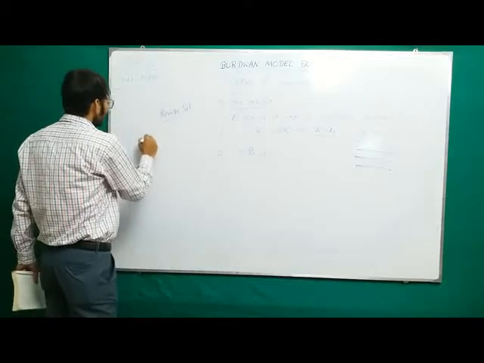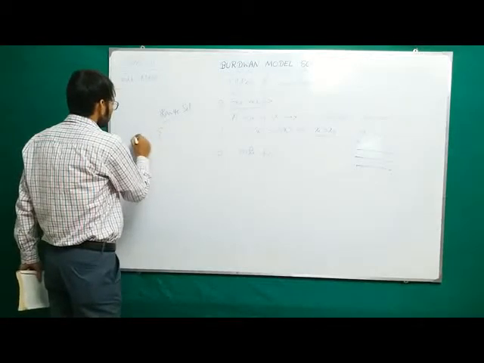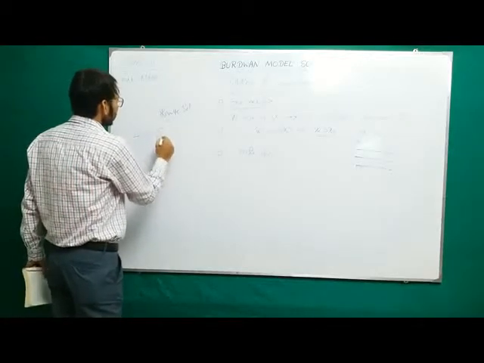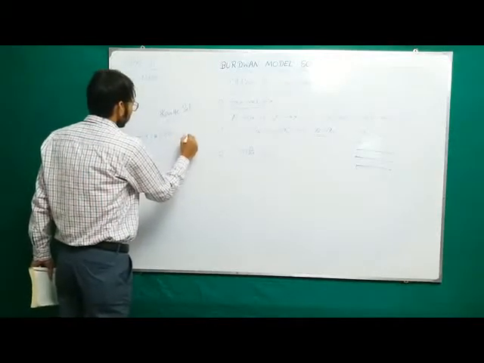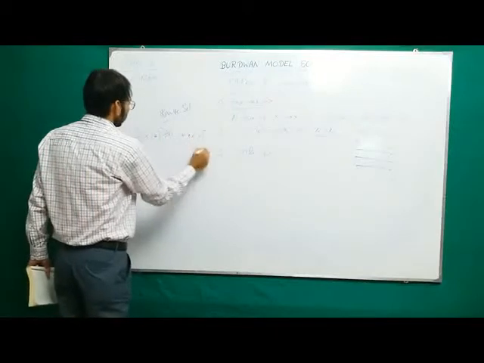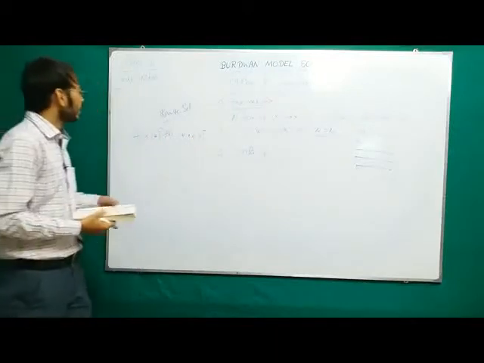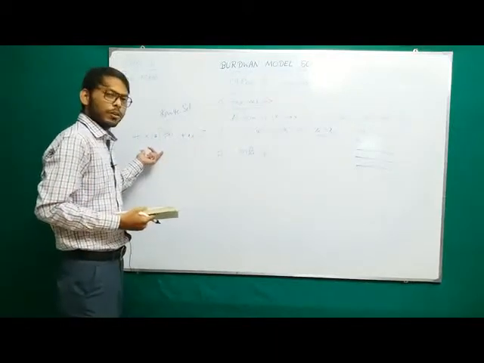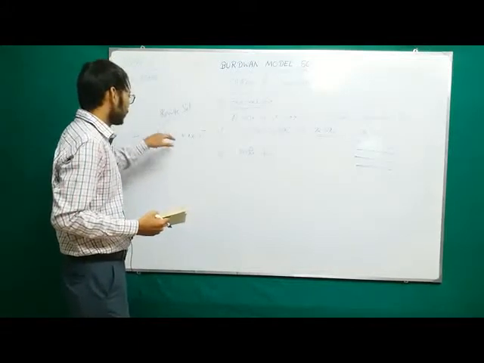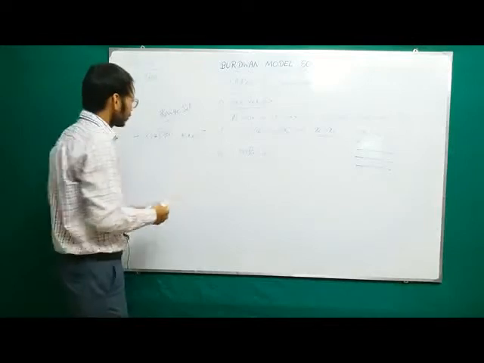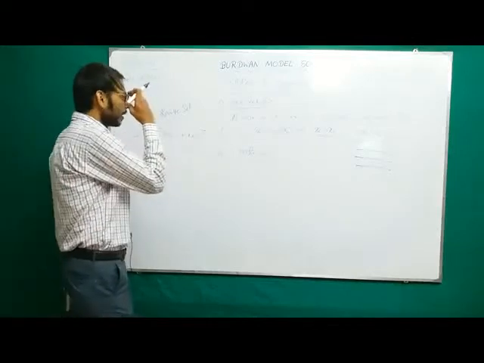Range set means the set of all images. F of capital X equals f of small x, the images for all x belonging to capital X. The set of all images is called the range set.